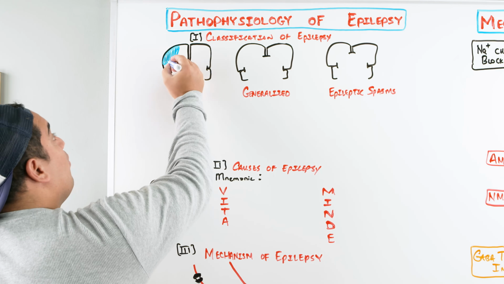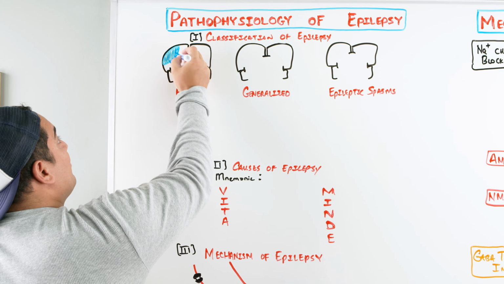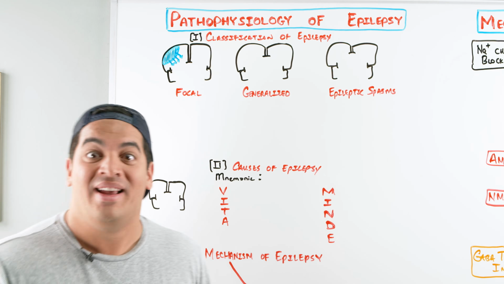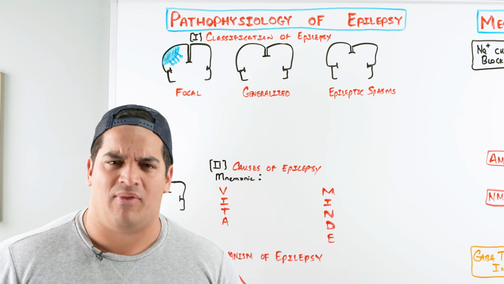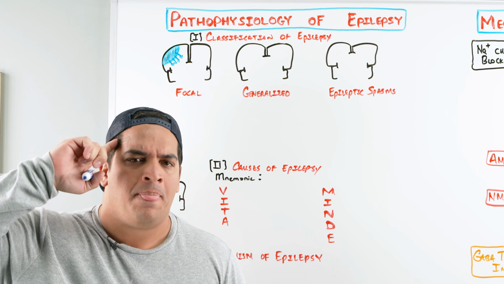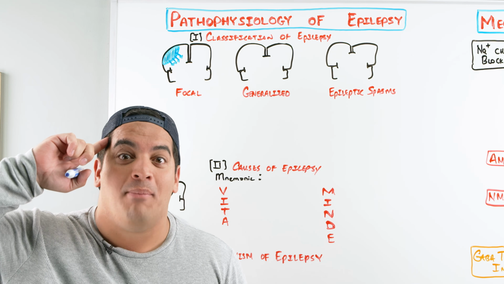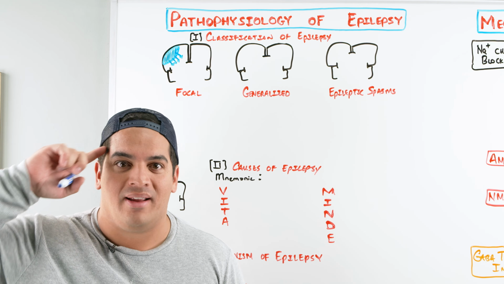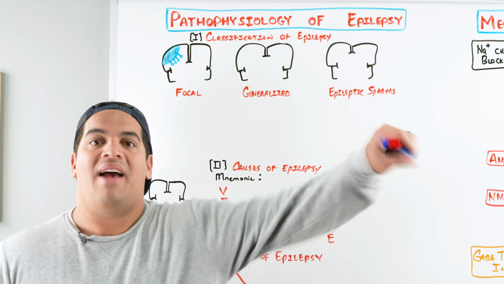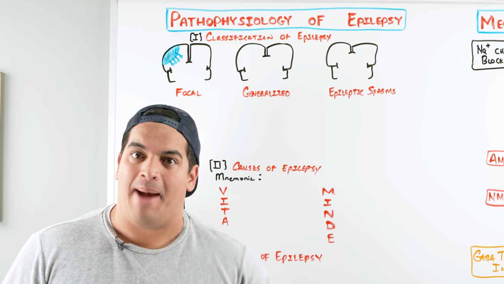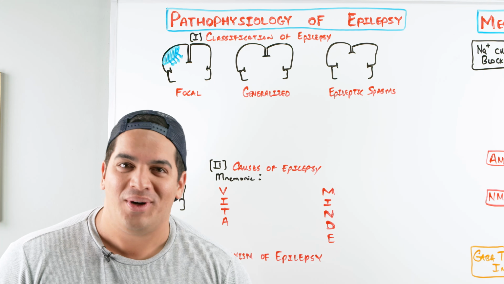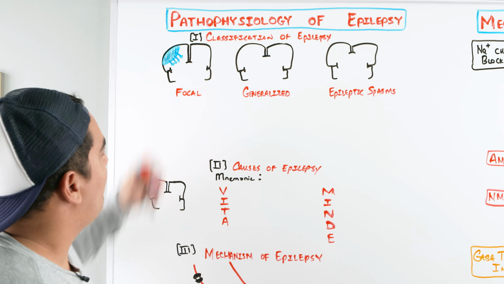Depending on where it is in the cortex determines what type of seizure they present with. For example, with an irritable area in the right motor cortex, what do you think would happen? They might exhibit only left-sided abnormal movements. So that's a focal seizure.